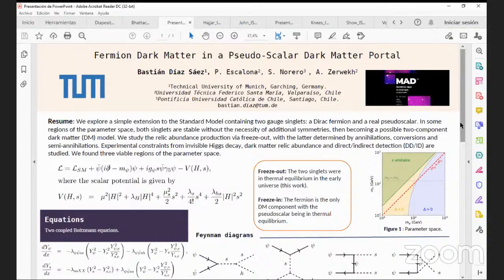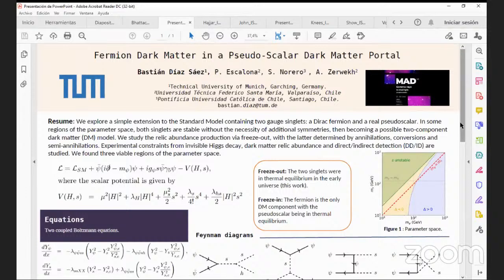When you introduce both fields, it is not necessary in principle to have additional symmetries in order to make them stable. In some regions of the parameter space, both particles can be stable at the same time. And we study the relic abundance production via freeze-out.